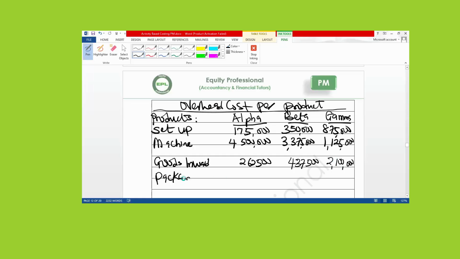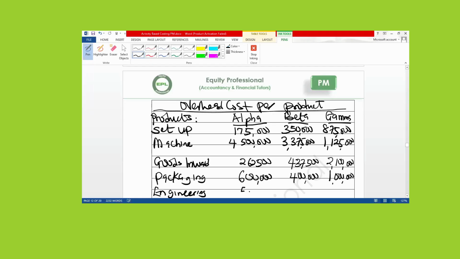Here we have how much? 600,000. 400,000. And 1 million. Then the last one is engineering.